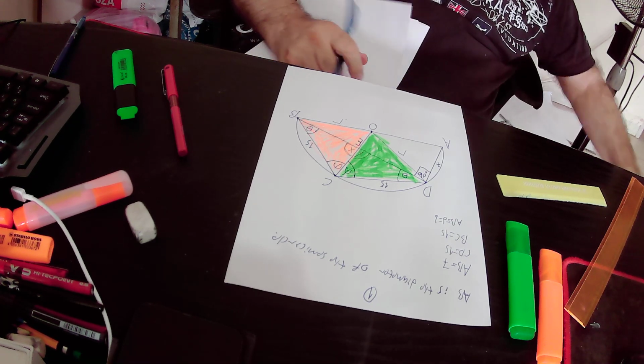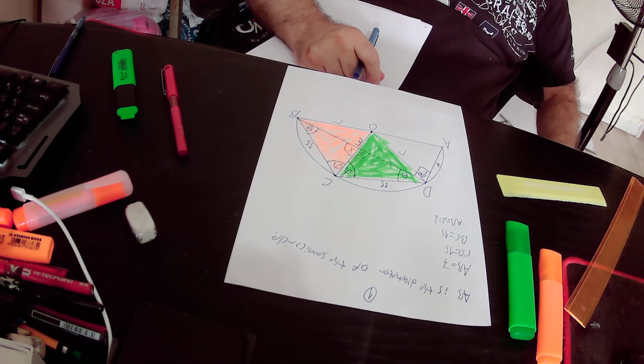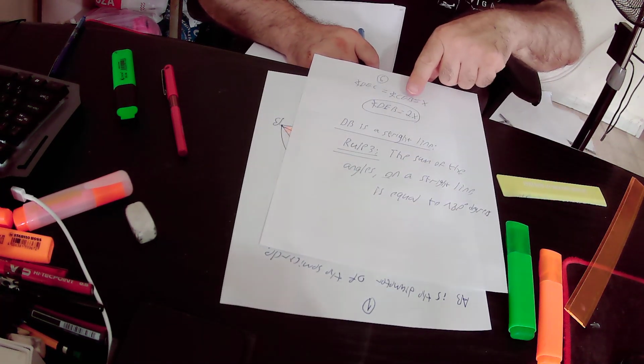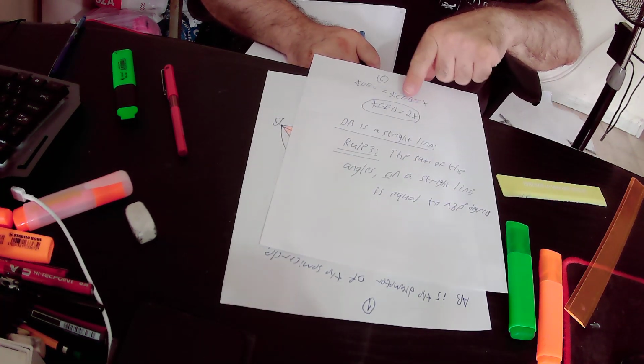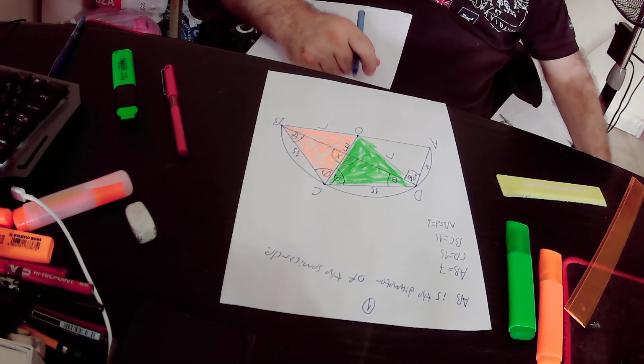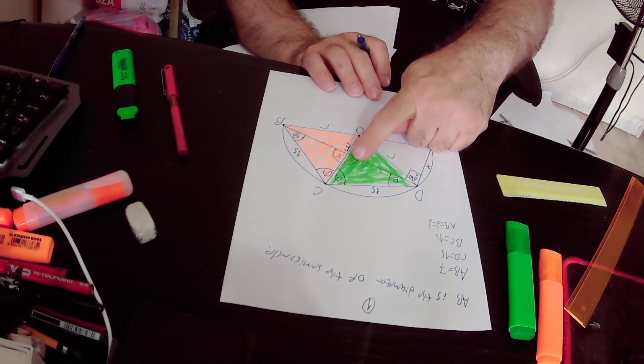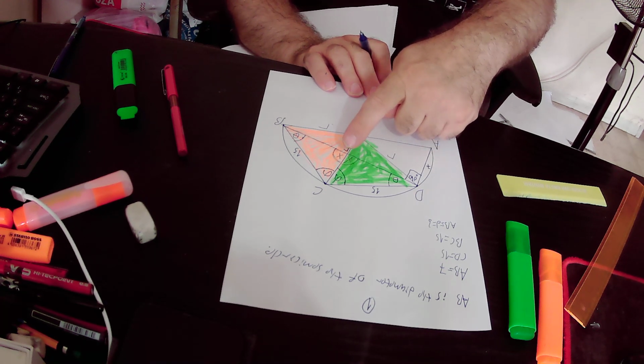But we have already shown that angle DEB also equals 2x, because angle DEB consists of angle x, this angle x, and this angle x.